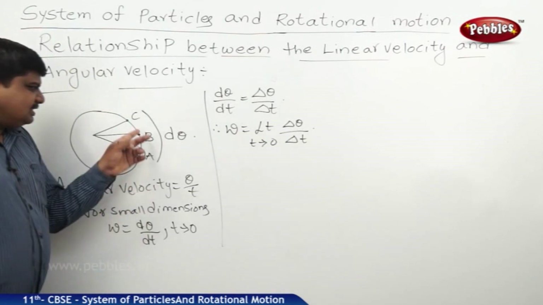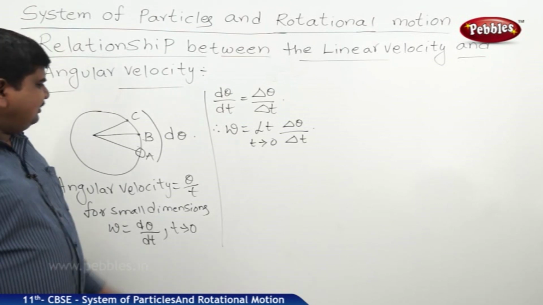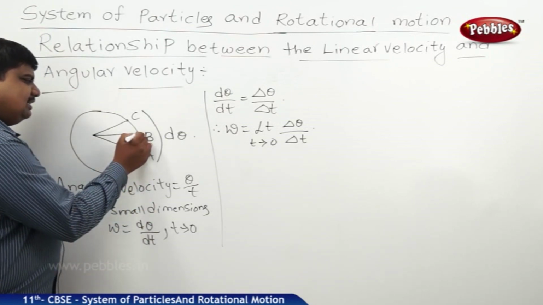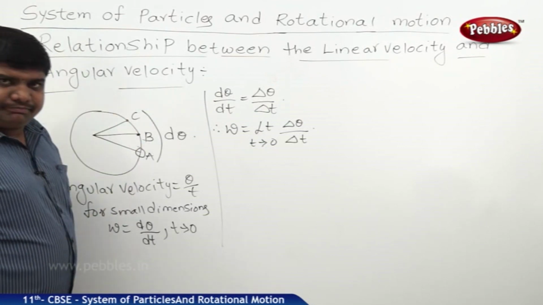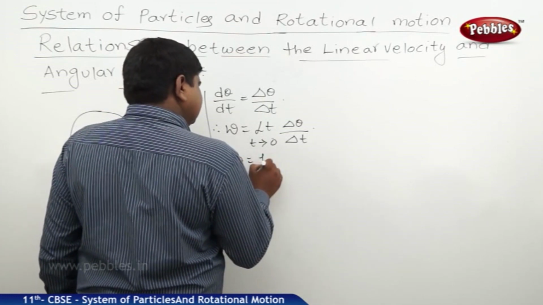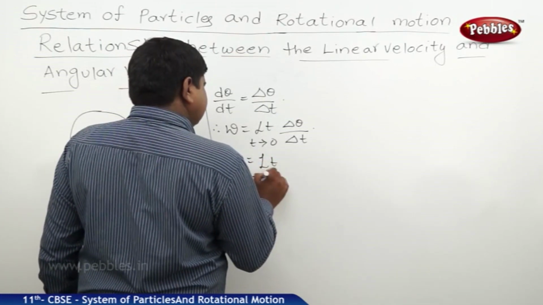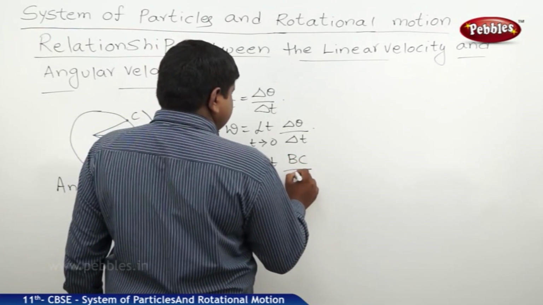Now see this arc BC. What is the displacement? Let us say the initial position of the body is at B and the final position is at C. Therefore it is limit t tends to 0 of BC by delta t.